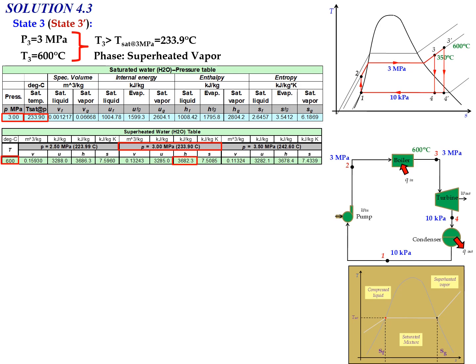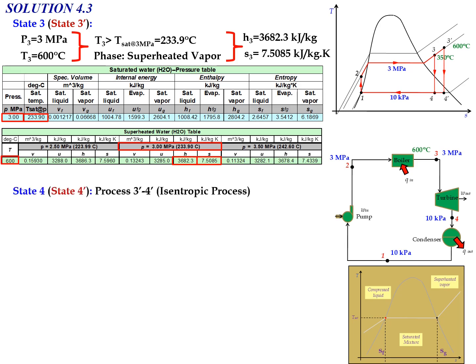You can determine the new H3 and also the new S3. H3 equals 3682.3 kilojoule per kg, and S3 equals 7.5085 kilojoule per kg Kelvin. Okay, done for state number 3.